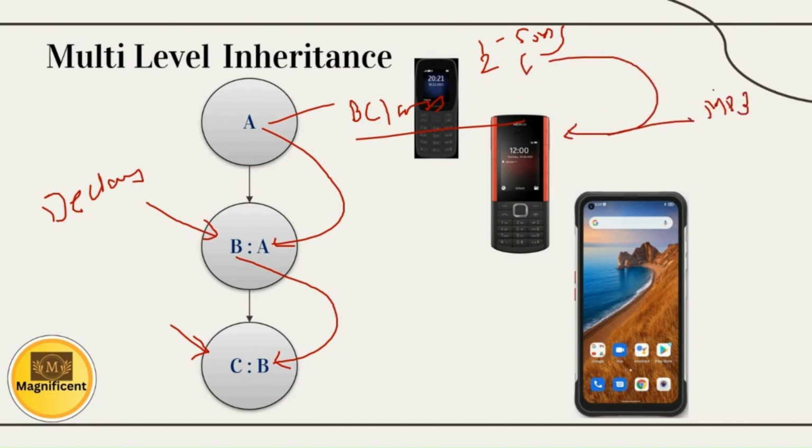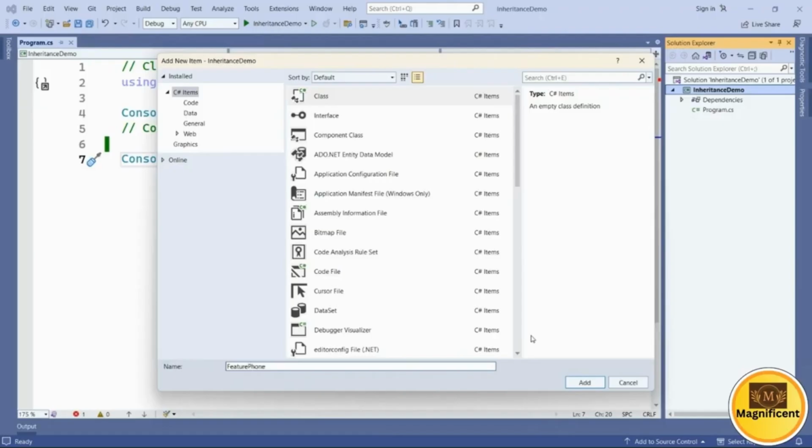So it will use the base features, and additional MP3 or a music player got added. In the smartphone, again you can see all the features have been inherited along with some additional features, let's say video call and some Android apps.